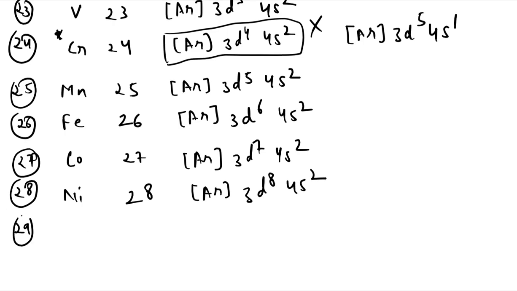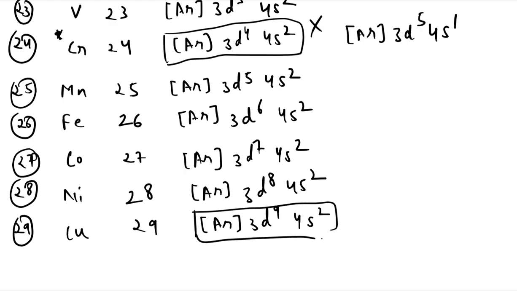And then we have copper with atomic number 29, and its representation should be 3d9 4s2, but again this is the wrong representation. Its actual representation is argon 3d10 4s1.